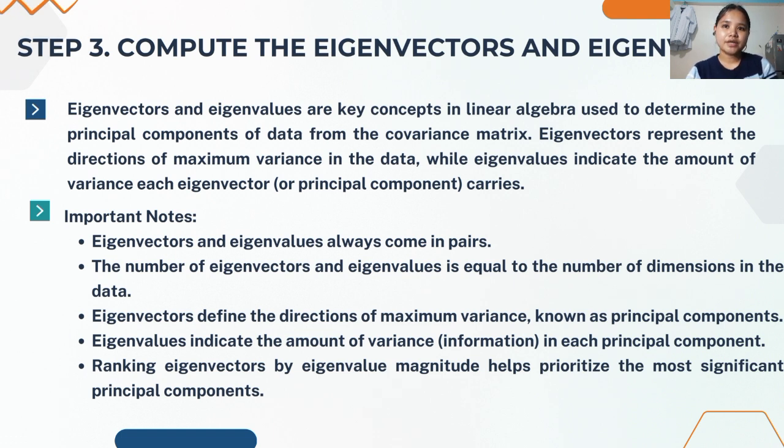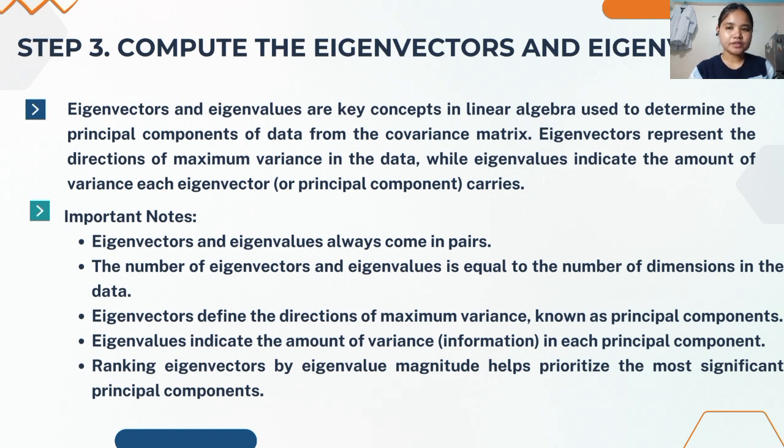So, let's say, for example, we have 3 features in a dataset. Three features in a dataset consist of three corresponding eigenvalues and three eigenvectors. And the third one is that eigenvectors define the directions of maximum variance, as I have said earlier, and are known as the principal components, while eigenvalues indicate the amount of variance in each principal component.